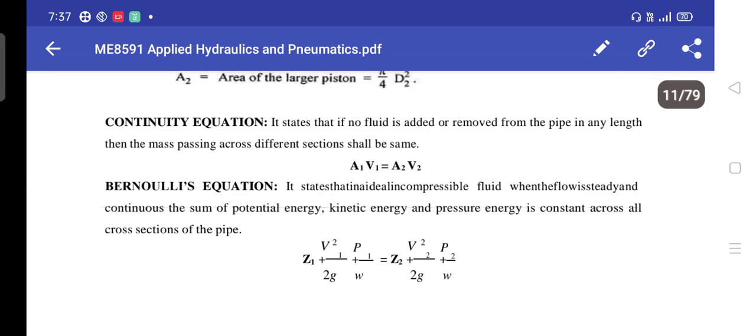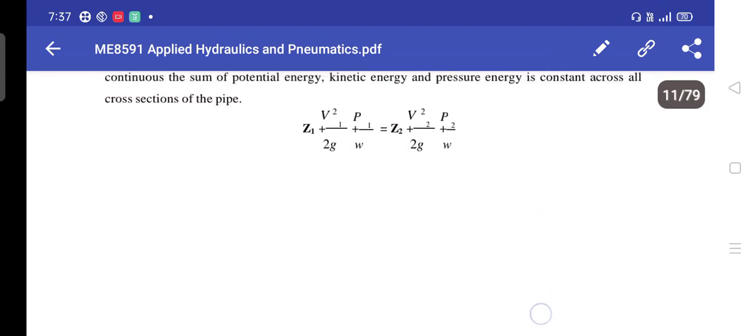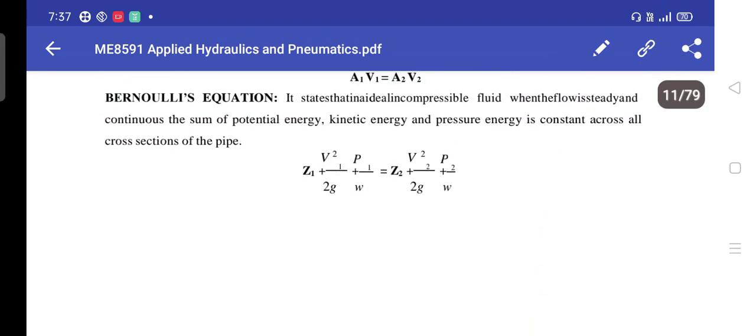So Z1 is the datum head, V1 square by 2g is the velocity head, P1 by w is the pressure head, which is equal to Z2 plus V2 square by 2g plus P2 by w. So this is the thing. We should follow these things.